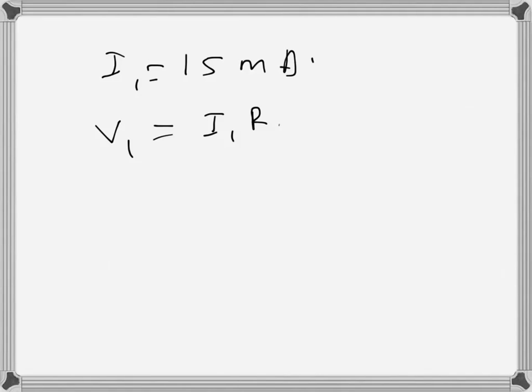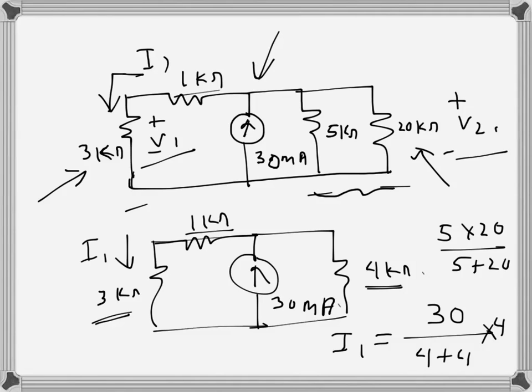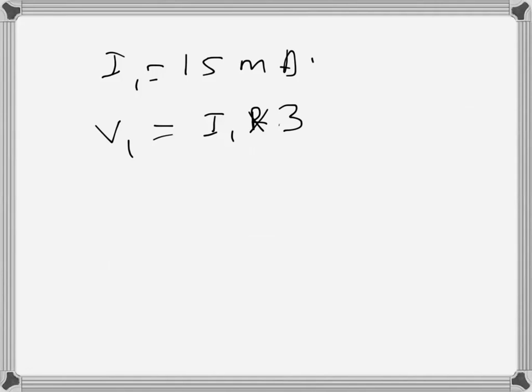V1 will be I1 times R1, whatever the R is here, 3 kilo ohms, so that will be 15 times 3, which is milliamps here and kilo ohms there. So when multiplied it becomes volts, 45 volts.